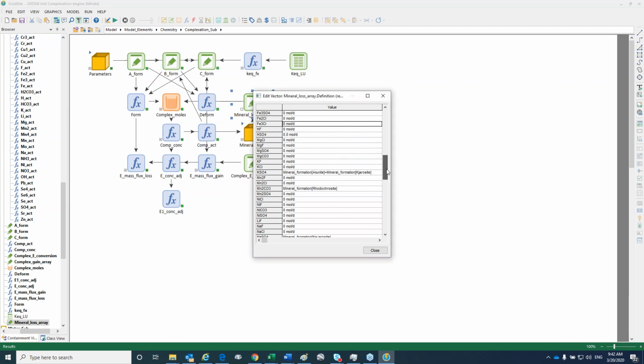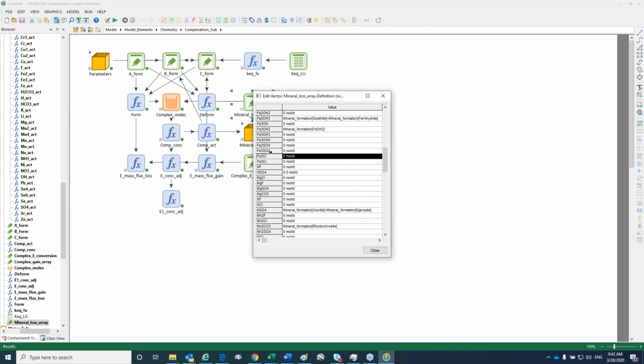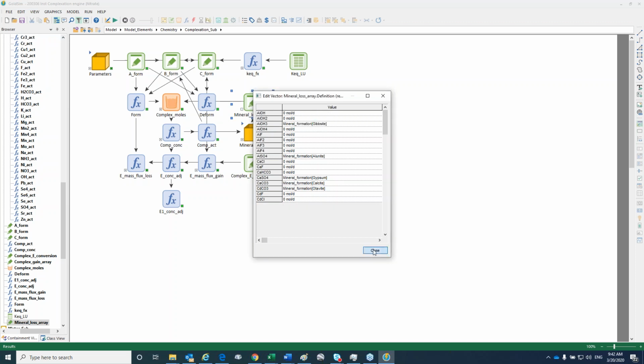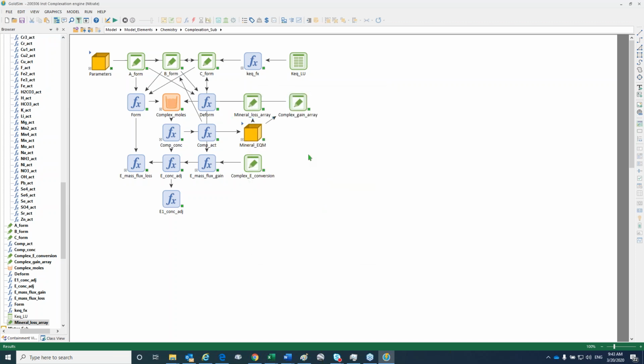That's not very good. But you can see that I've accounted for it down here. What there should actually be is a mineral formation for stoichiometrically relevant extraction from each one of these. So this one should have jarosite on it, and this one should have allanite on it. It looks like this is an older model.